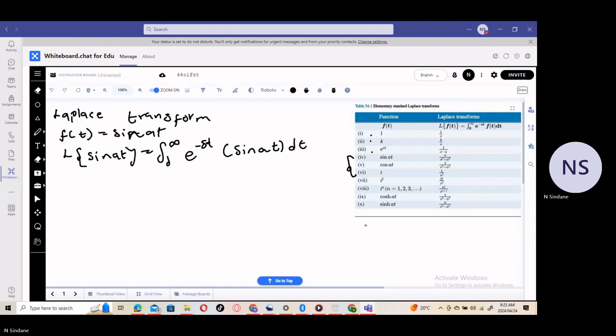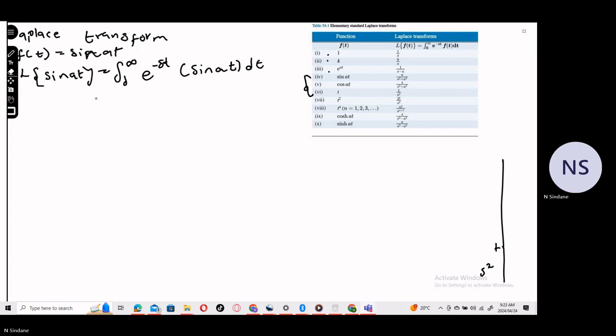So let's do that. We're going to integrate by parts.